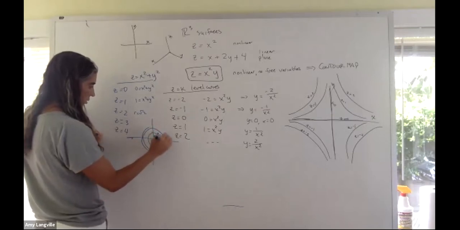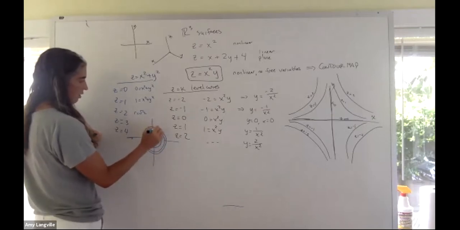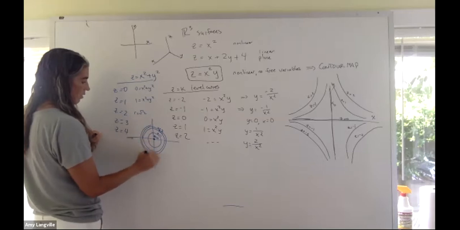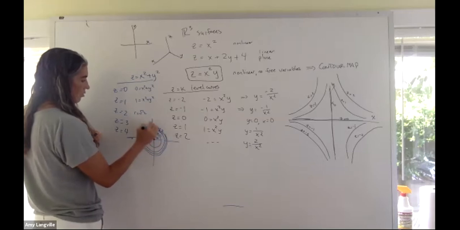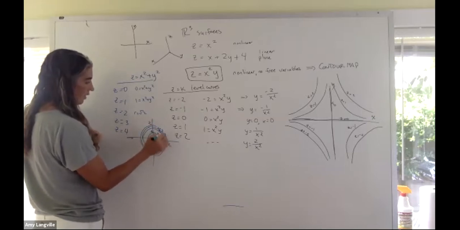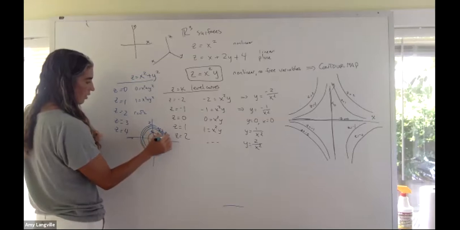This would be square root of 3 as the radius. And that was when z was 3. We get a little bit tighter. When z is 4, we get a radius of 2 for the circle. So here was the 2, 1. Again, much better pictures in the journal so you could follow along.